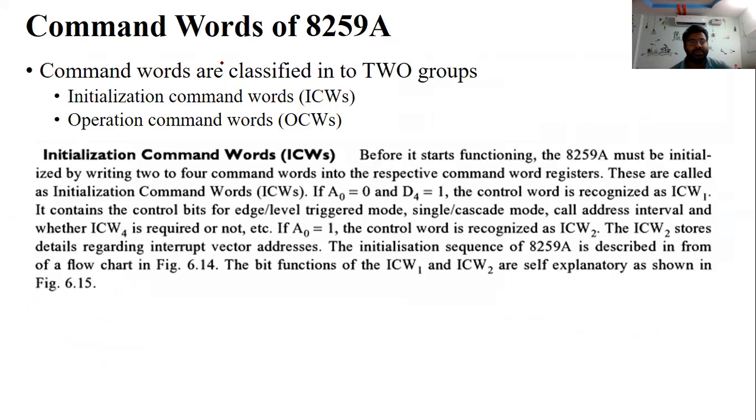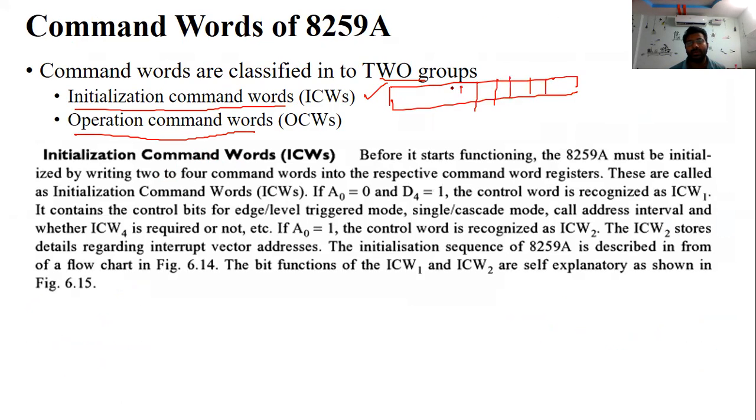This command words we are going to classify into two groups of command word registers: the initialization command words as well as the operation command words. Initialization means, whenever you are writing this 8-bit CWR, you know that we have 4 different types of initialization command words.